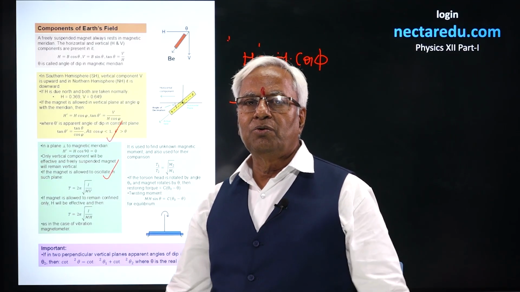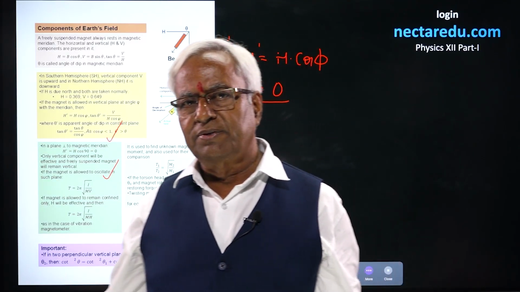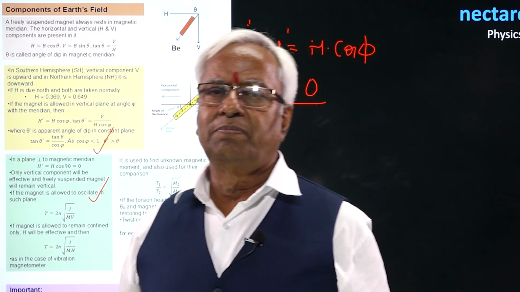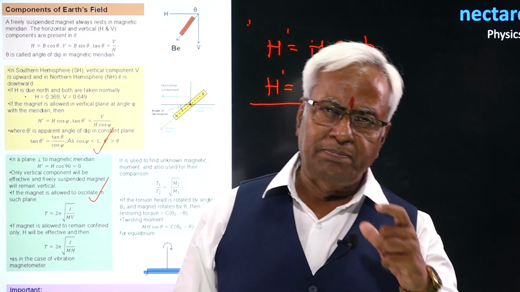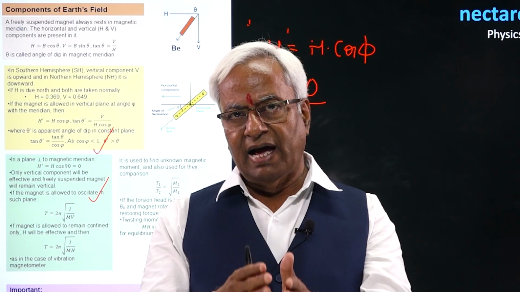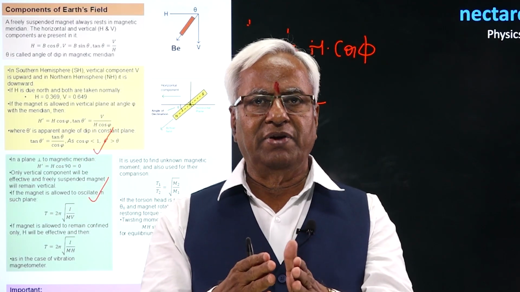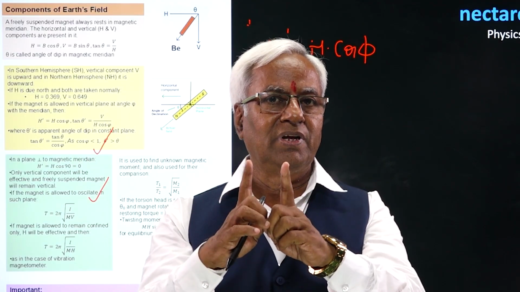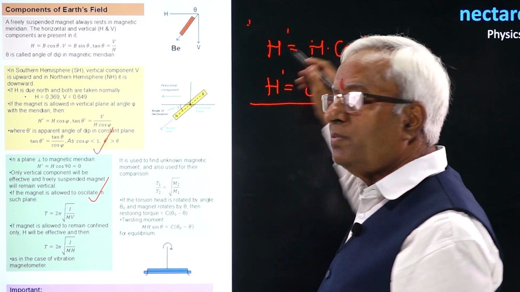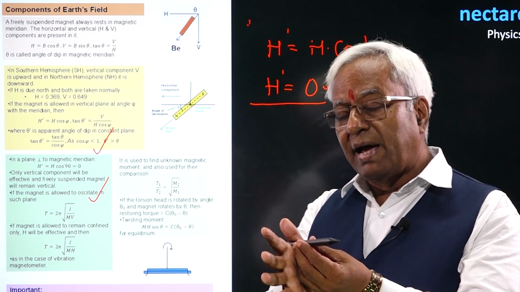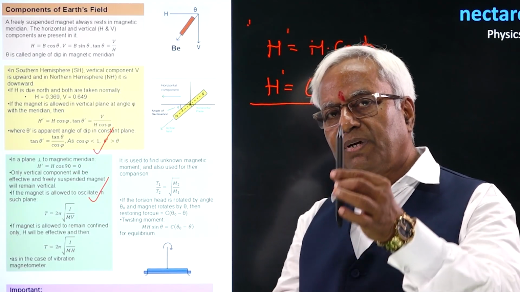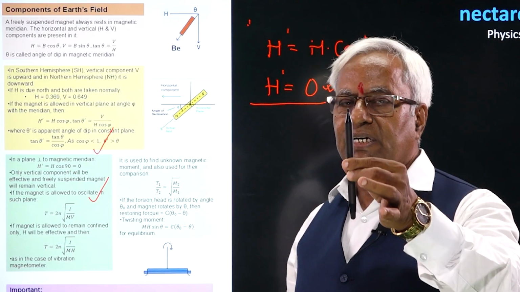And when there is no horizontal component, obviously what remains is the vertical component. In that very particular vertical plane, if you suspend the magnet, it will be under the effect of the vertical component only, because the horizontal component has become 0 over there. So this magnet will be subjected to the vertical component, and this will rest vertically.